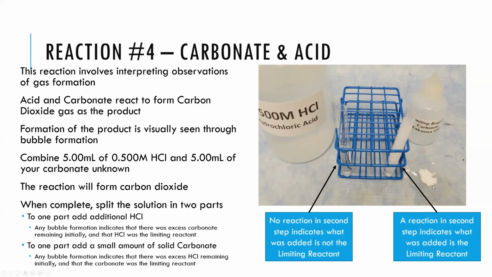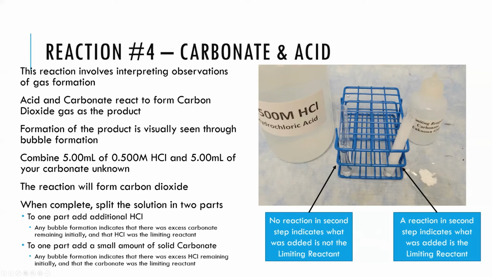This reaction is with the H+, that acid ion, and carbonate ion. This is the same reaction from that percent composition experiment a couple of weeks ago. So you'll look at this same reaction and see which one causes more carbon dioxide to be formed. If nothing happens, that means the limiting reactant still wasn't there.